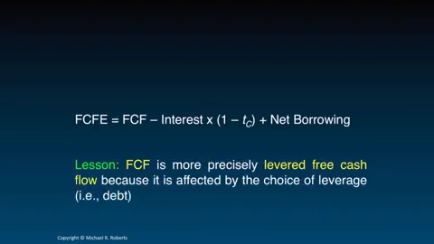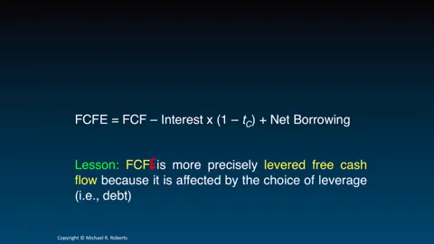And free cash flow to equity, look at it, this should be E, there we go, is more precisely levered free cash flow because free cash flow to equity is affected by the company's choice of financial structure. It's a leverage decision, how much debt it plans to take on.